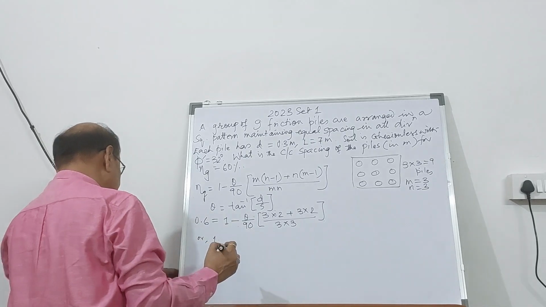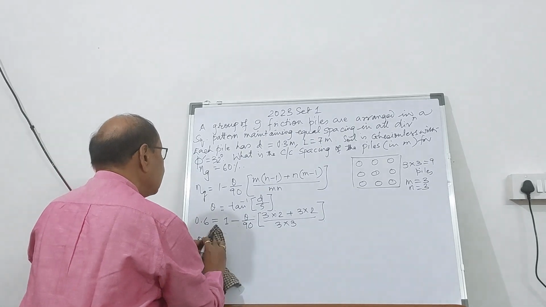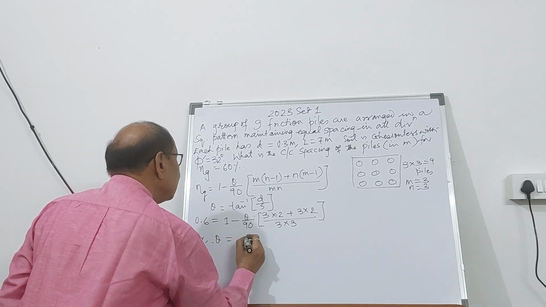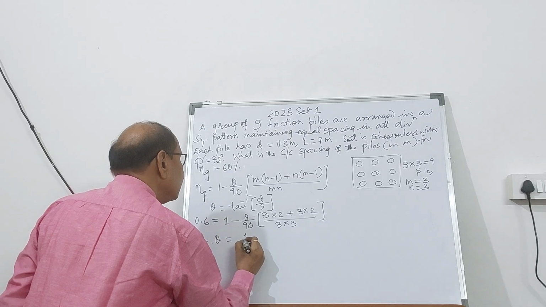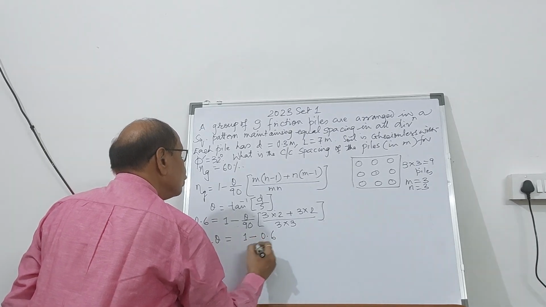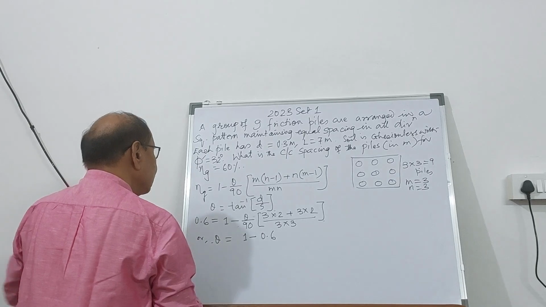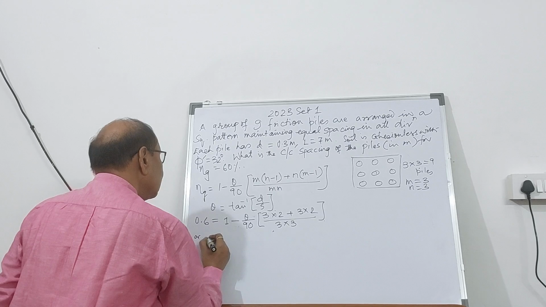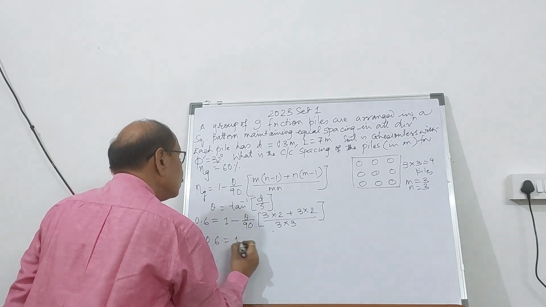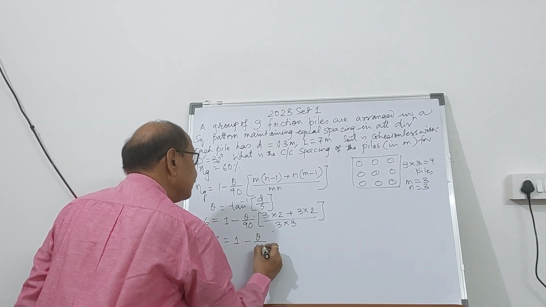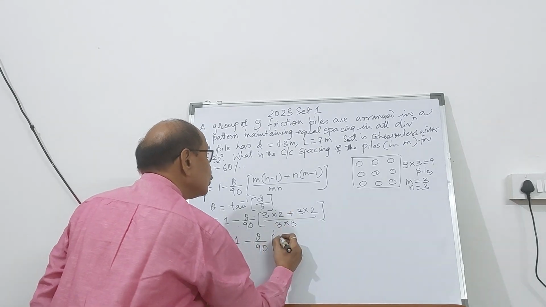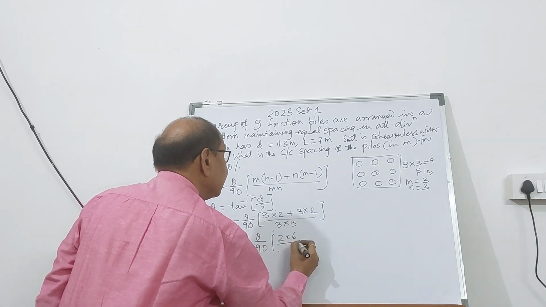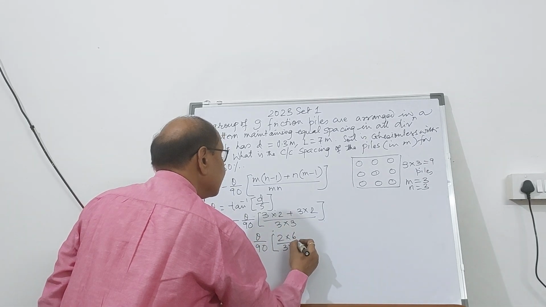So you can find out the value of theta from here, or we can simplify it further. 0.6 equal to 1 minus theta by 90, and this becomes 2 times 6 divided by 3 into 3.